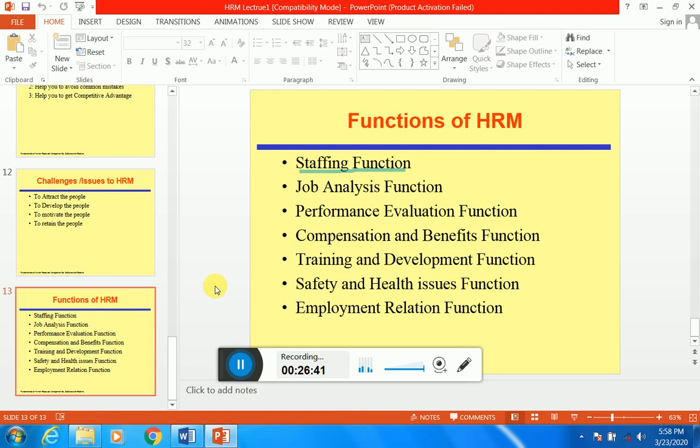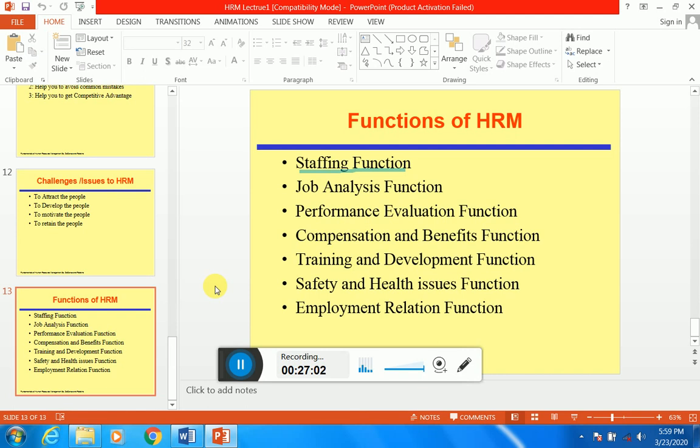The employment function means the activities in human resource management concerned with sourcing and hiring qualified employees. The staffing function contains three major sub-activities. It includes HR employment planning, recruitment and selection.